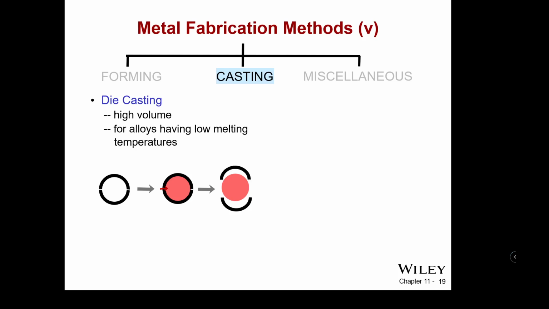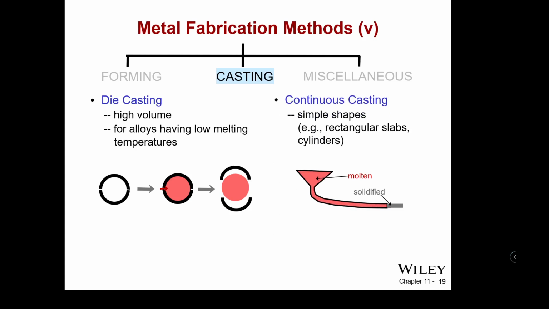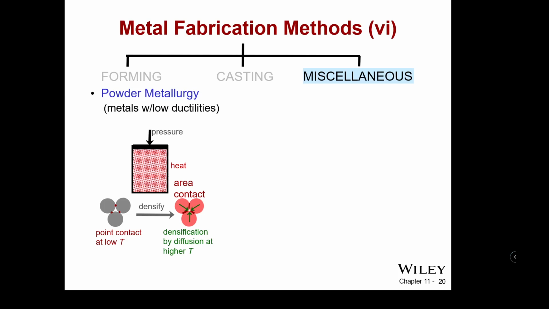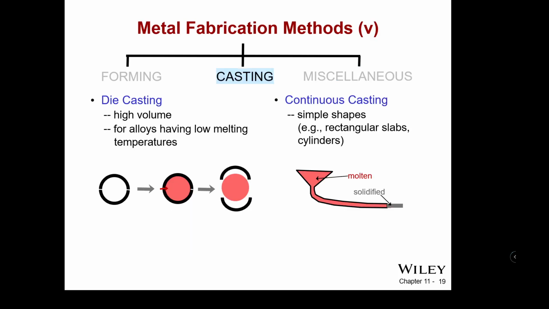There's also die casting, so high volume for alloys having low melting temperatures. So almost all metal children's toys are made with some variation of this. So you have a molten metal, pot metal, whatever scraps they can find around. And it fills the cavity.